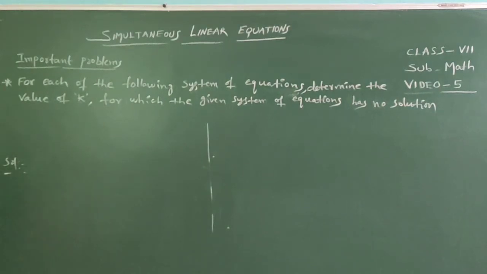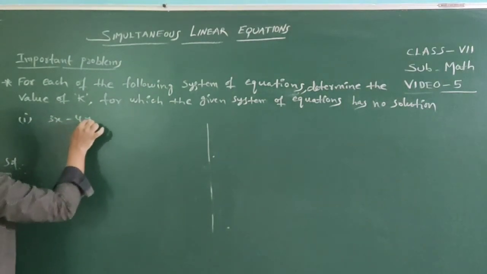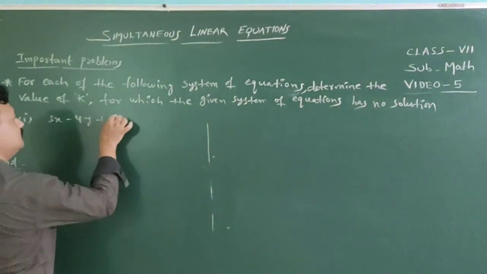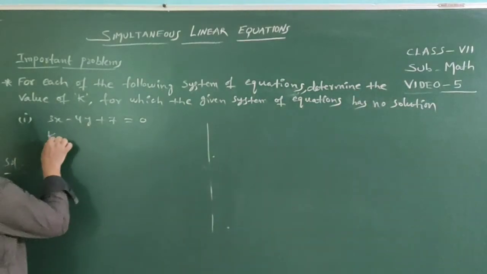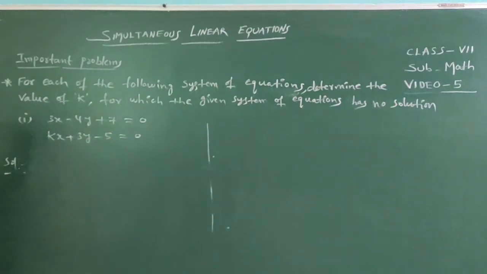Example: 3x minus 4y plus 7 equals 0, kx plus 3y minus 5 equals 0.